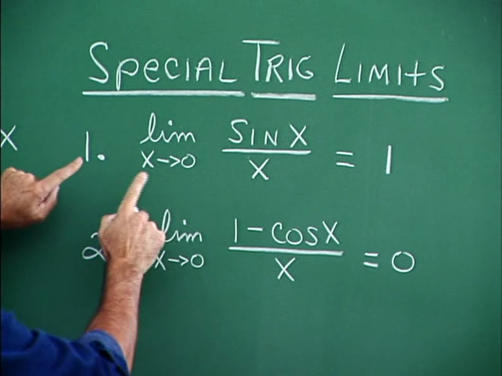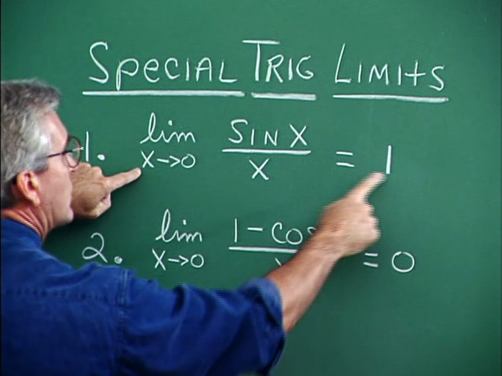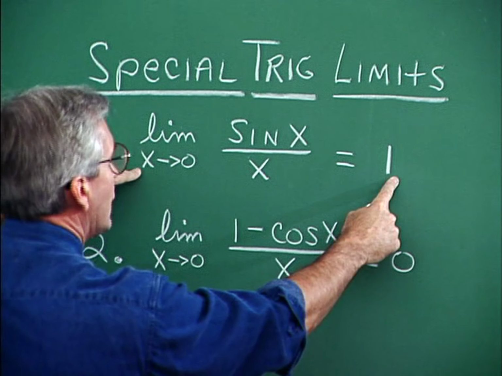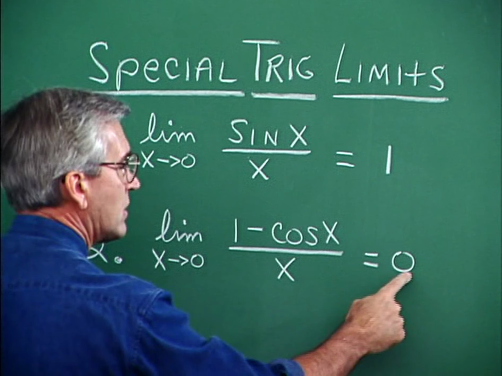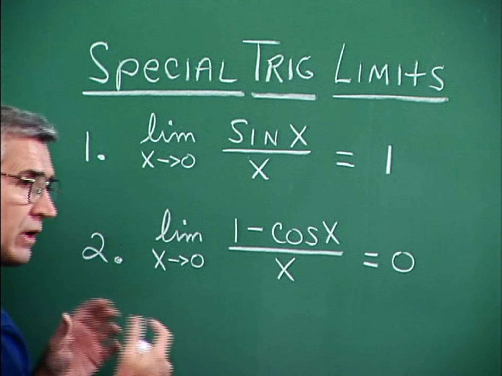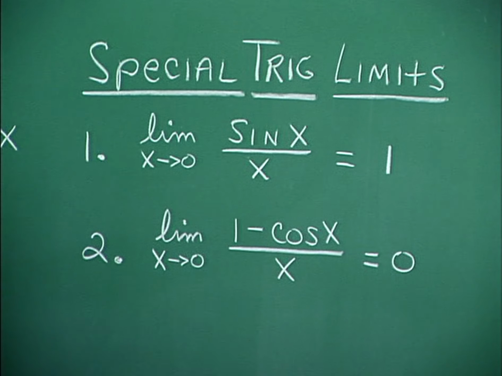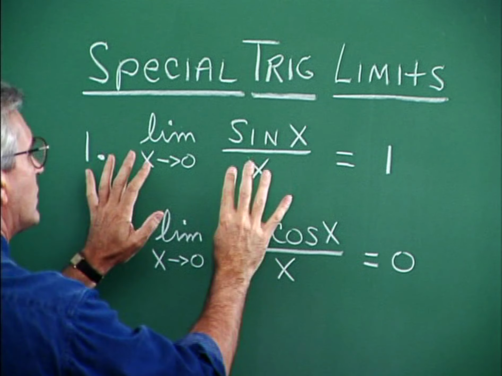Special trig limits. The first is the limit as x approaches 0 of sine x over x turns out to be 1. And the limit as x approaches 0 of 1 minus cosine x over x is 0. So those are very important to commit to memory or have as reference as you're going through your assignments. And notice that these are kind of special.